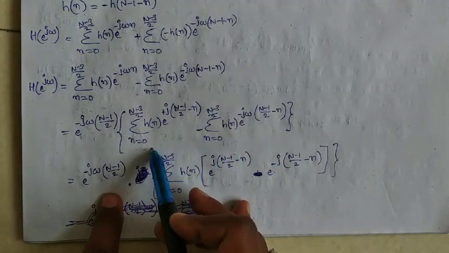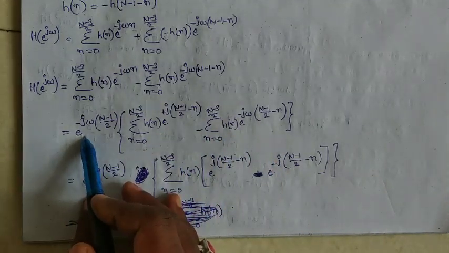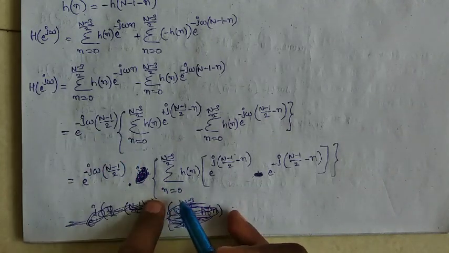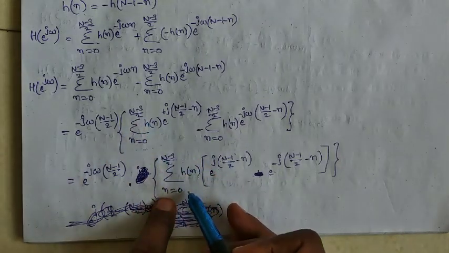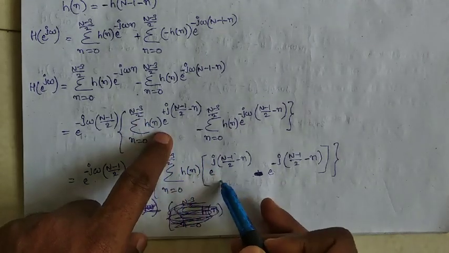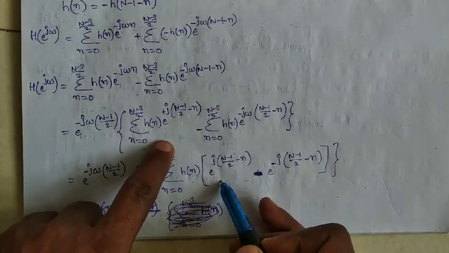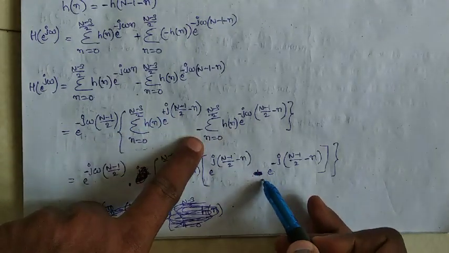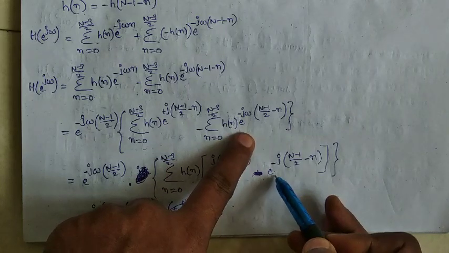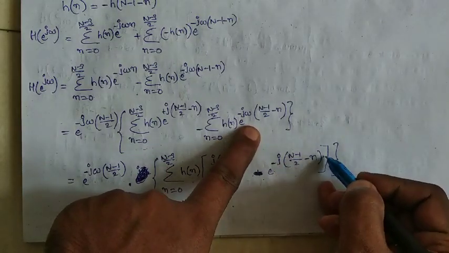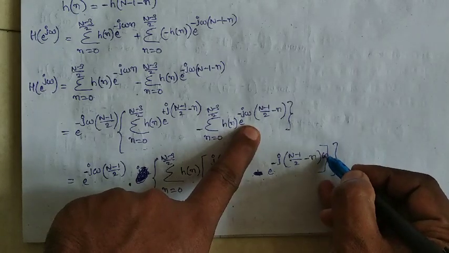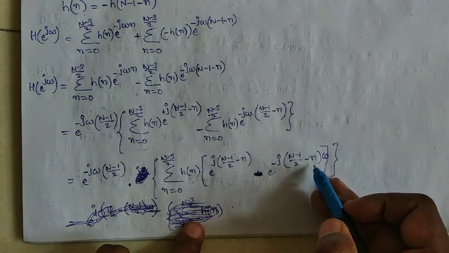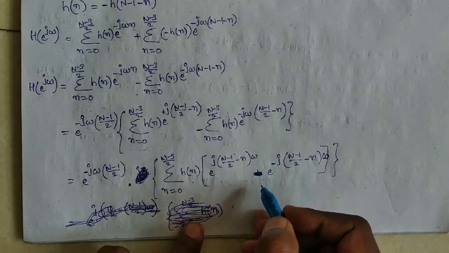Here h of e power j omega is equal to e power minus j omega of capital N minus 1 by 2 times summation n is equal to 0 to capital N minus 3 by 2 h of n into, the remaining term in the first term is e power j omega of capital N minus 1 by 2 minus n, minus, in the second term, e power minus j omega of capital N minus 1 by 2 minus n. Here omega is also missing.